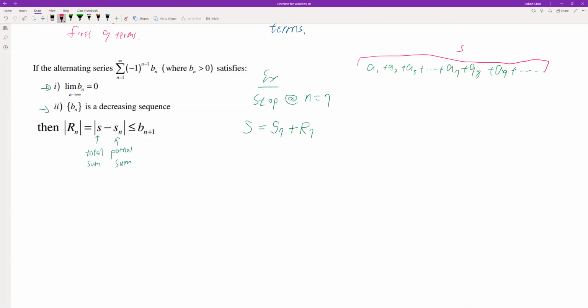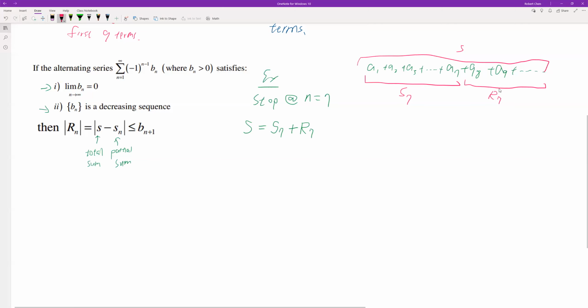The whole thing is broken down into 2 parts: the first 7 terms, which we call S7, and the rest of them, which we call R7. The total sum is equal to the first 7 terms plus the rest of the terms.